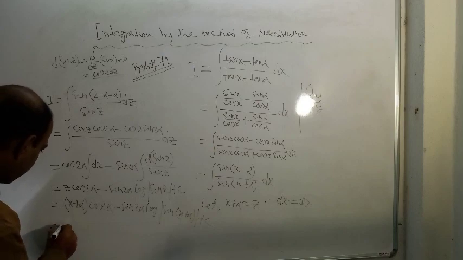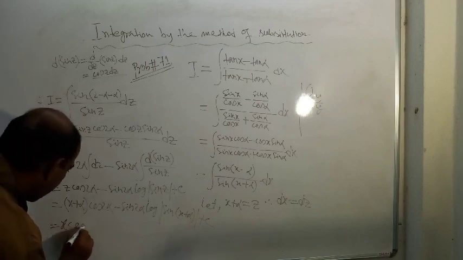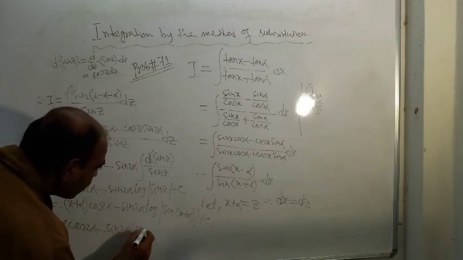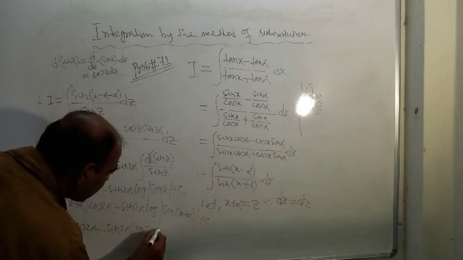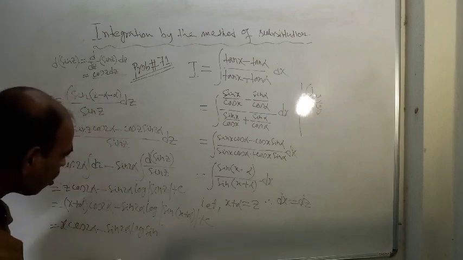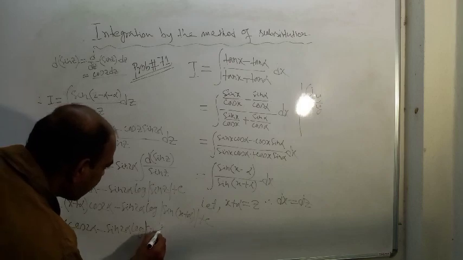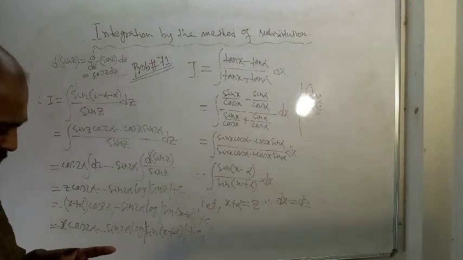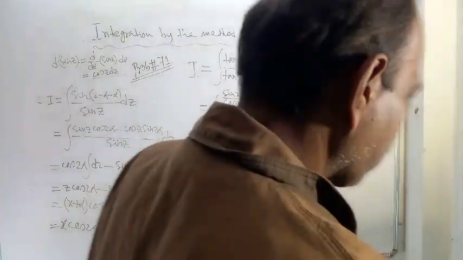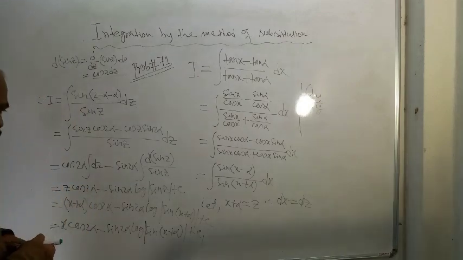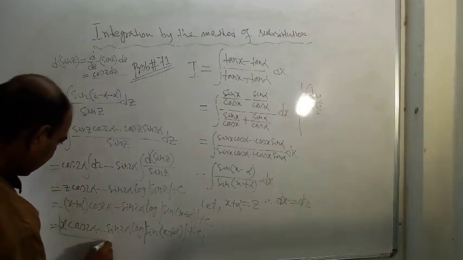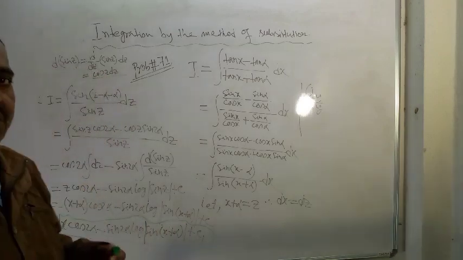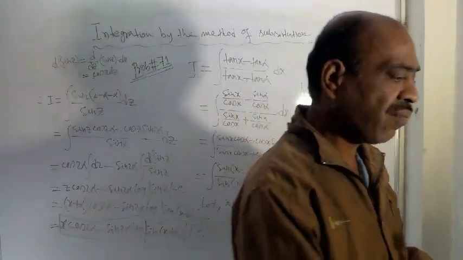So the ultimate result is x cos 2 alpha minus sin 2 alpha log mod of sin (x plus alpha) plus c1. c1 is the new constant, which is equal to alpha cos 2 alpha plus c. And in your answer script you must write that c1 is equal to c plus alpha cos 2 alpha.